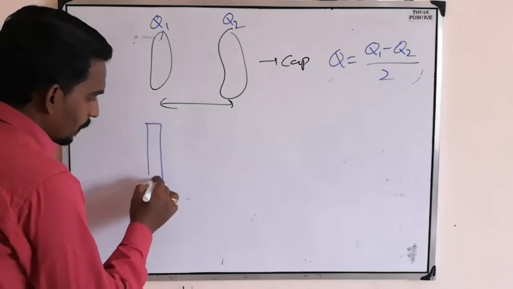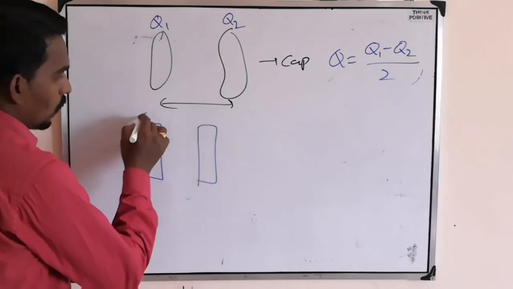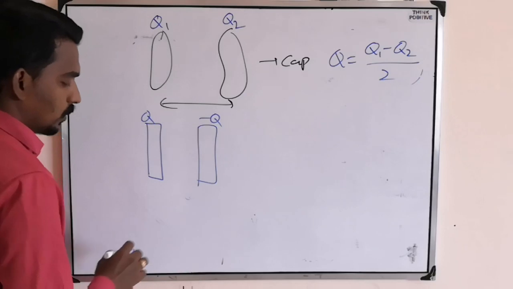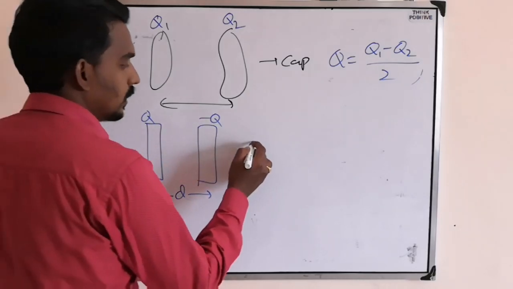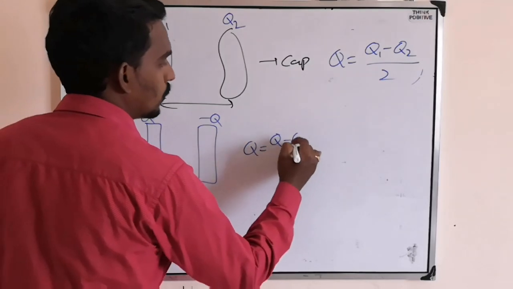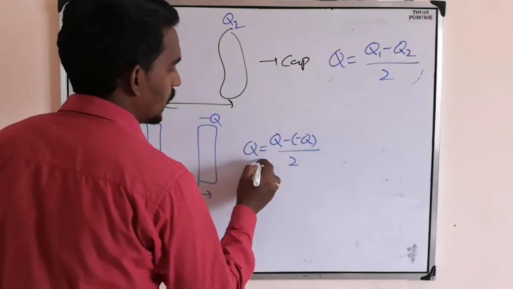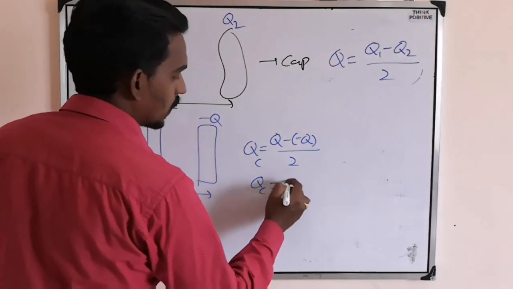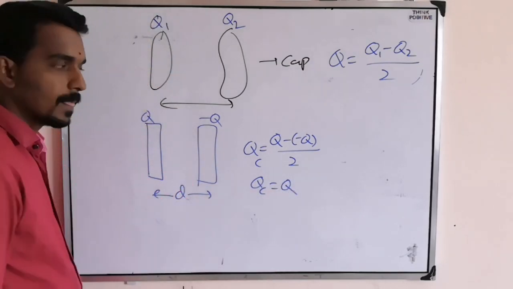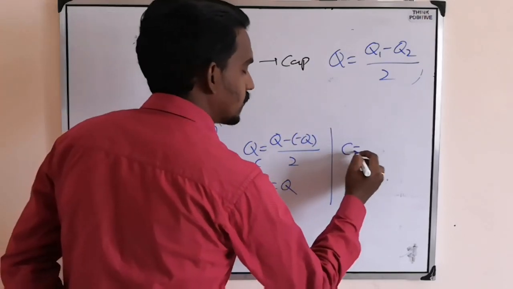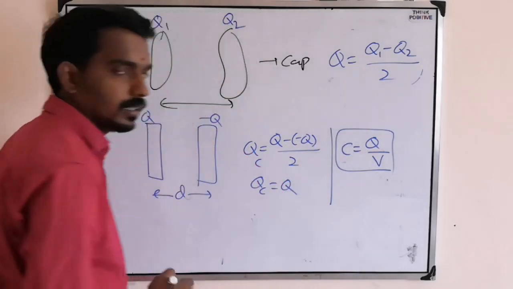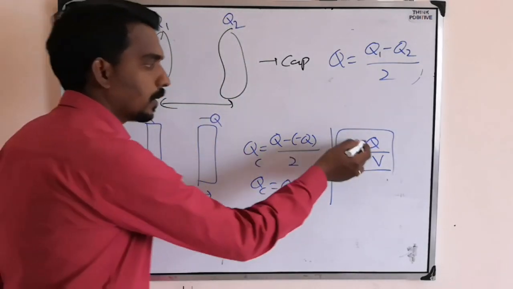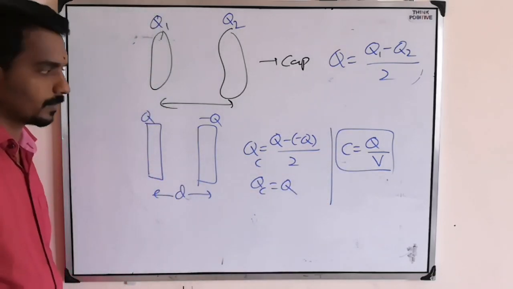And a parallel plate capacitor means one positive, one negative, separated by some distance. Then the charge is (Q minus (minus Q)) by 2, nothing but Q. Where the capacitance is charge per unit potential, or charge by potential difference.